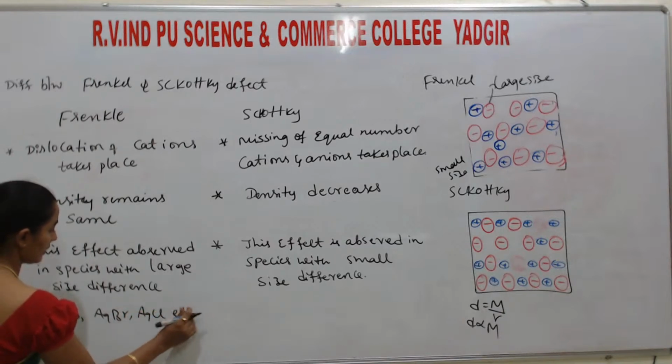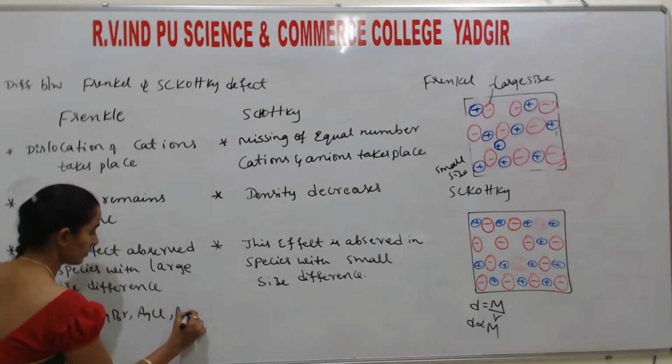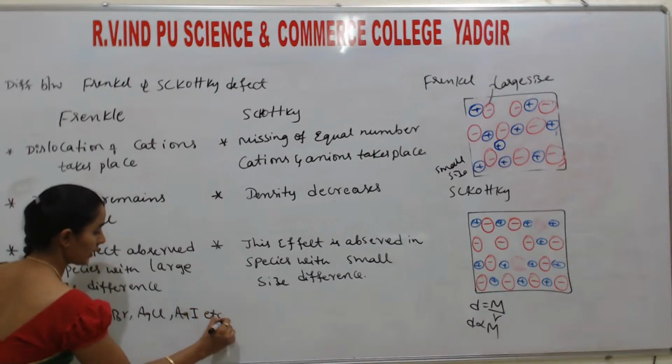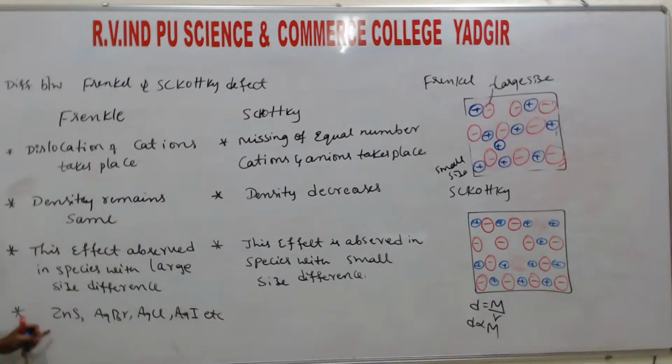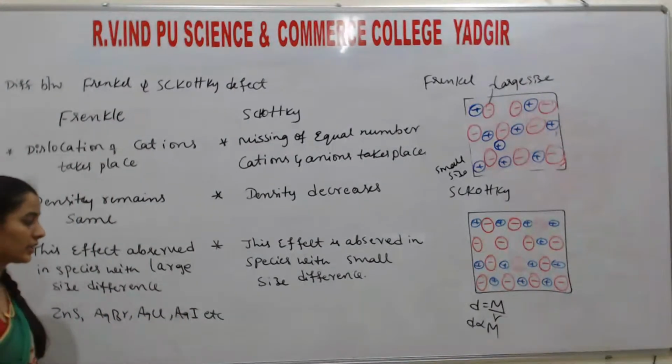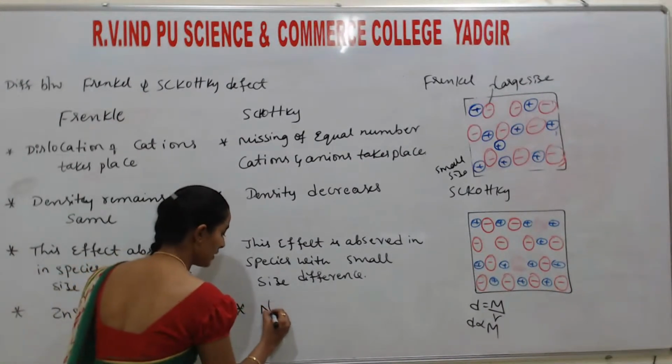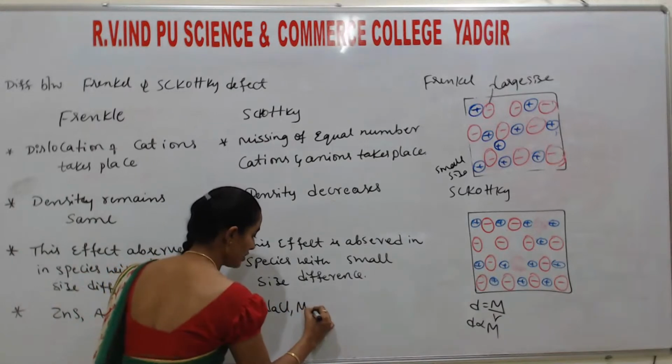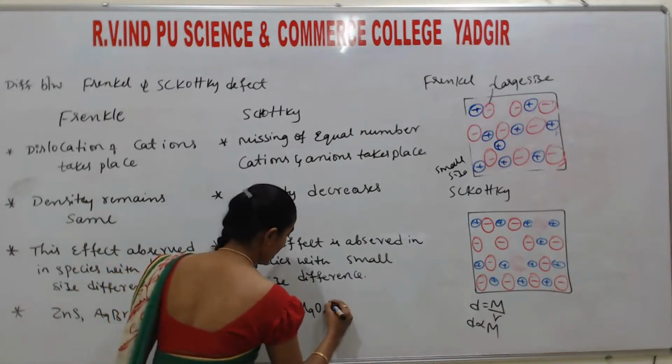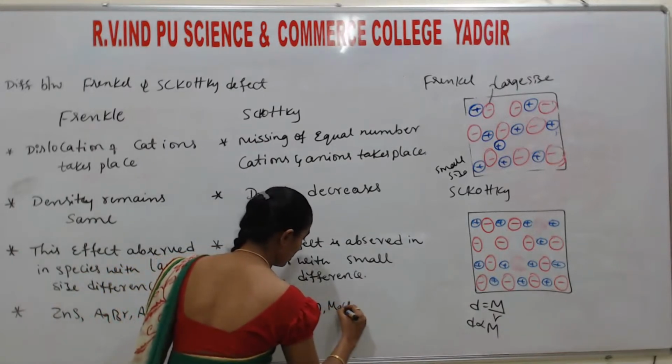AgCl, AgI, etc. Here, the cation is the smallest in size and this is large in size: ZnS, AgBr, AgCl and AgI. And for this one, NaCl, MgO, MgCl2.